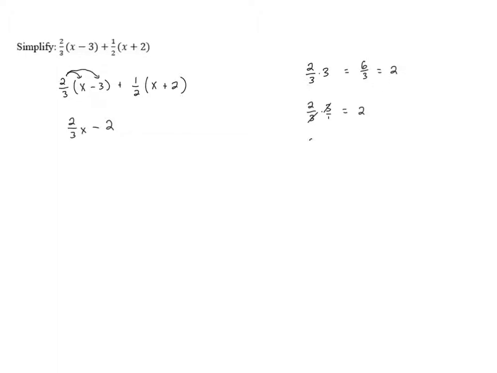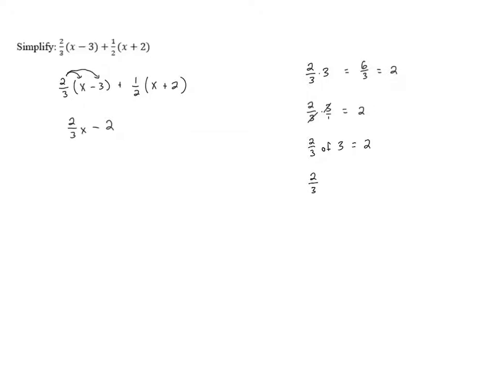Another way of looking at it is that 2/3 times 3 is the same as 2/3 of 3. If you have $3 and someone takes 2/3 of it, they've taken $2. So these are all different ways of multiplying a whole number times a fraction. In fact, there's a fourth.